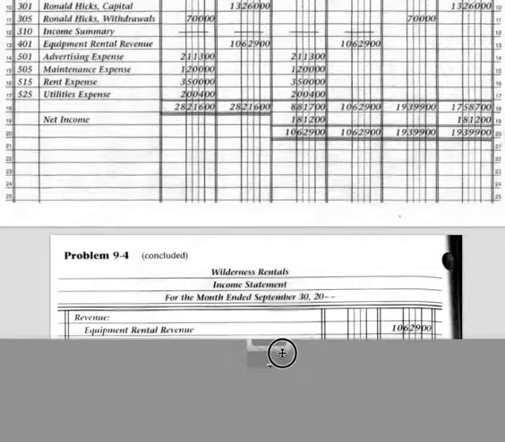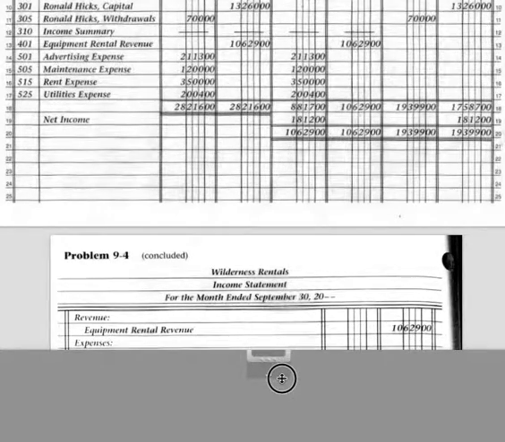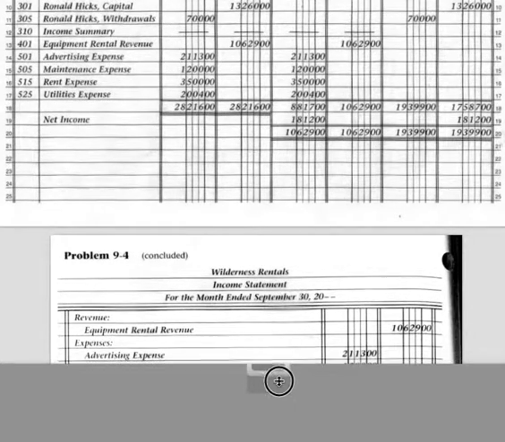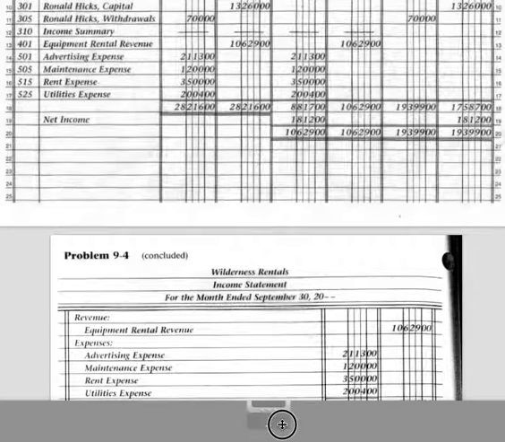Now we're going to list the expenses. So you're going to write the word expenses with a colon. Make sure you left align it. And then you're going to list all the expense accounts. Make sure you indent them.